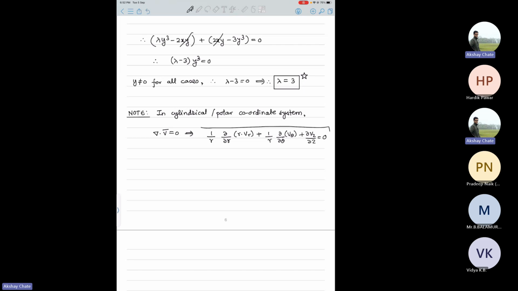Because of the change in the coordinate system, this dangerous-looking form appears, but it's not that dangerous. If you are interested, you can go through the derivation. It is available in any standard book, or you can just remember it this way. It is just an additional thing.